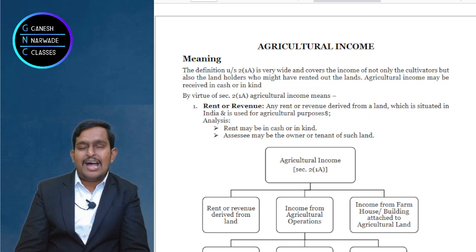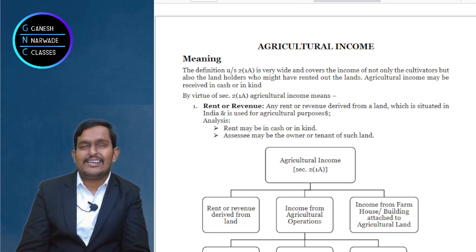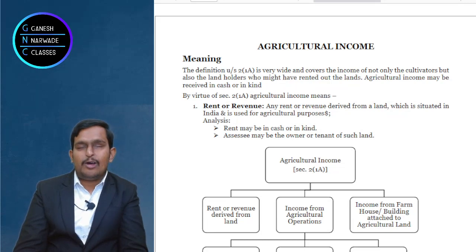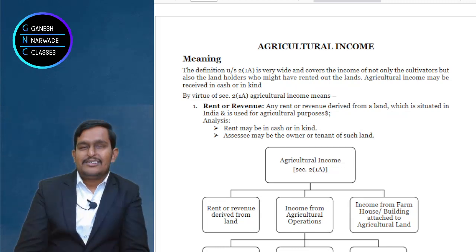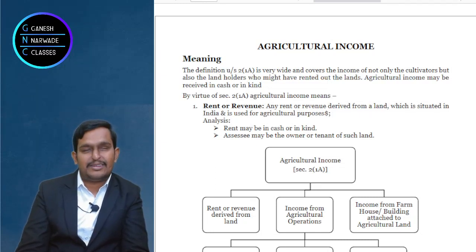So I will tell one more thing, I was just forgetting that. Suppose you see near to your house somebody comes on the road and says, "le lo sabji le lo, 50 rupees kilo tomato." So that person sells, right, that vegetables and all. The seller of vegetable, his income also is fully exempt.